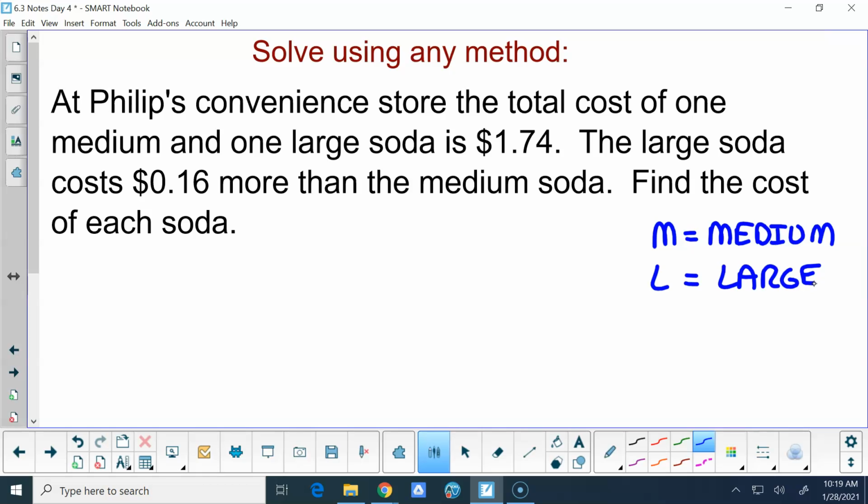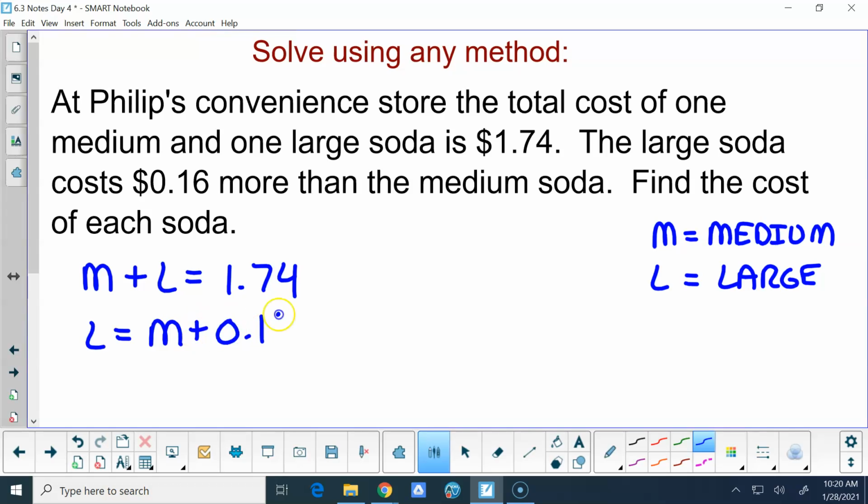A large soda costs 16 cents more than a medium soda. Find the cost of each soda. So medium plus large is $1.74. Large soda is the medium soda plus 16 cents.